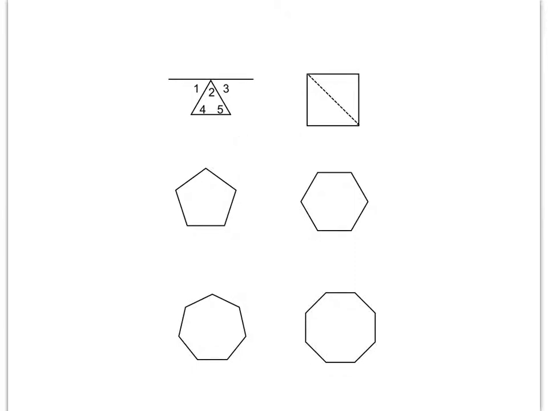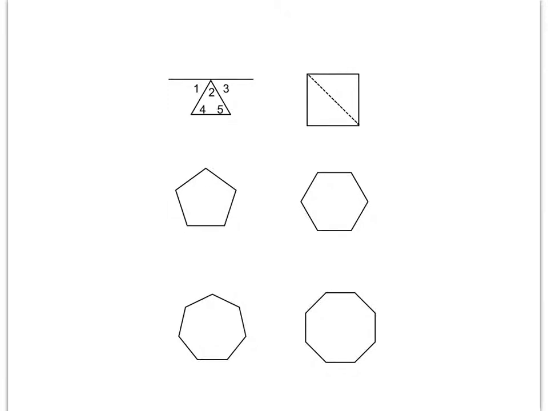We know that angles 1, 2, and 3 add up to 180 because they make a straight line. 4 is congruent to 1. 5 is congruent to 3 because they're alternate interior angles, and if these two lines are parallel, then the alternate interior angles are equal. So therefore, if 1 plus 2 plus 3 is equal to 180, 2 plus 4 plus 5 must also equal 180 because 1 is congruent to 4 and 5 is congruent to 3.